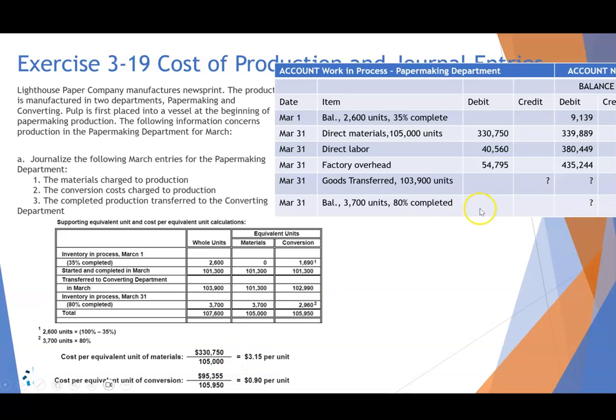For conversion, we take our direct labor, factory overhead, divide that by our equivalent units of conversion units, 105,950, to come up with our cost per equivalent unit of conversion there.